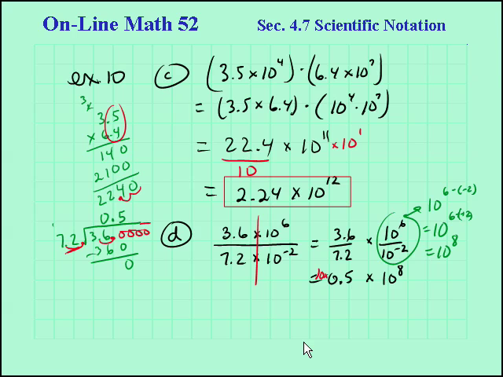But to counteract that, we've got to also divide by 10 to the first power. So we're multiplying by 10 and dividing by 10. Multiplying by the 10 will give us the 5, or the 5.0. Dividing by 10 makes that 10 to the 8 minus 1, 10 to the 7. And now I can put the box around it and say we're done.